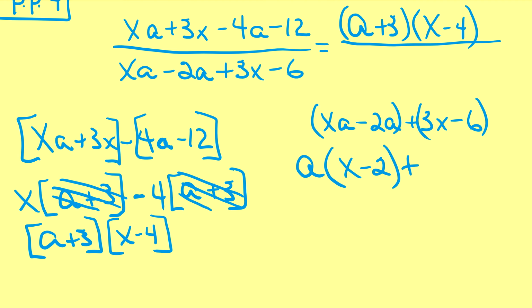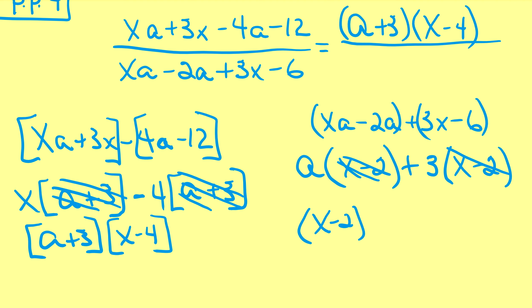I'm going to bring down the plus sign, and then for 3x minus 6, I'm going to take out the 3. When I divide that back, I have x minus 2. Then I'll take out the common binomial factor of x minus 2. I could write it up there now, but I don't want to throw you off. If I took out the x minus 2, then what's left is a plus 3. So that goes over here: x minus 2 and a plus 3.